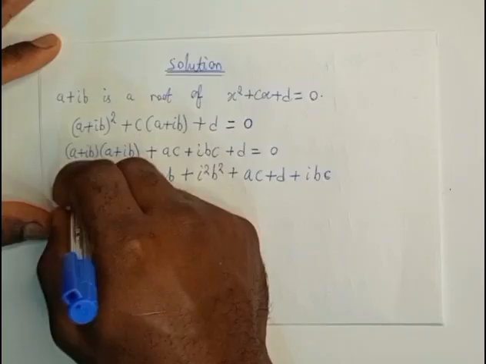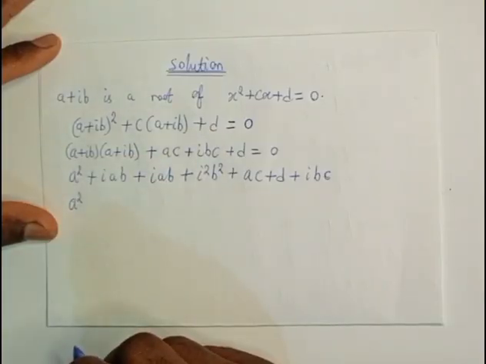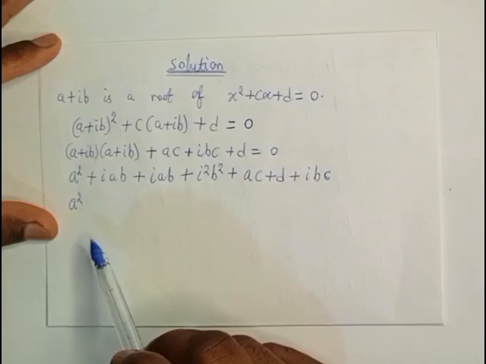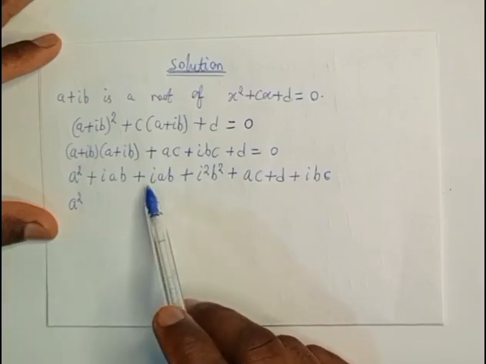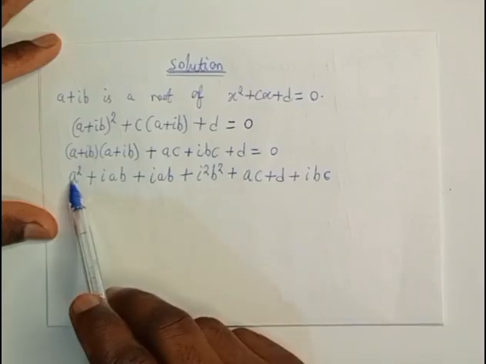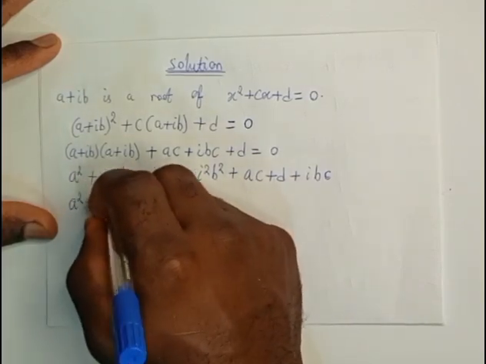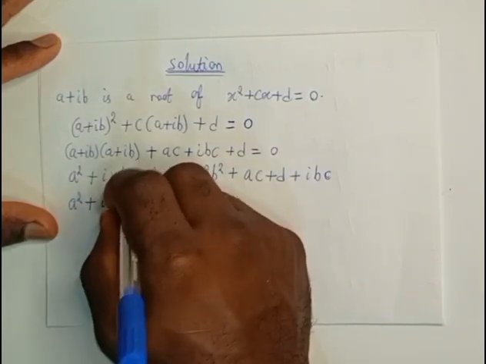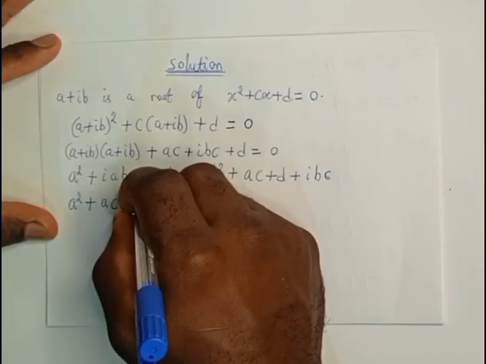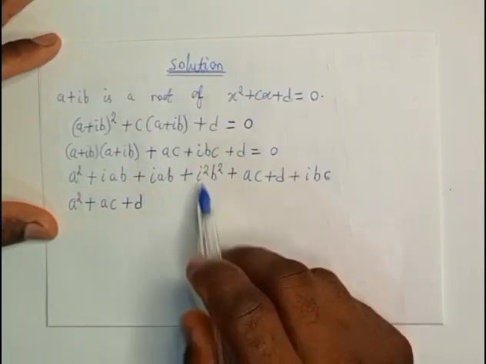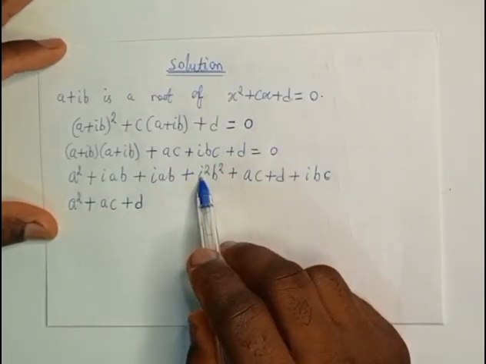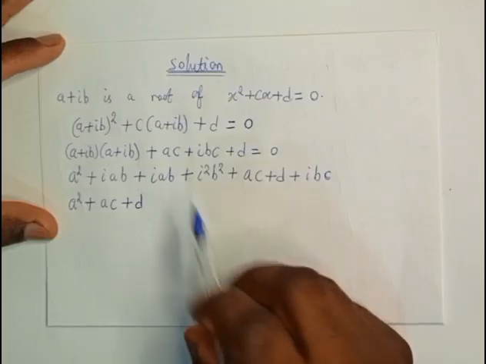This will give us a squared. We have to bring the real parts together, that means the terms which are independent of i: a squared plus ac plus d. i squared is equal to -1.